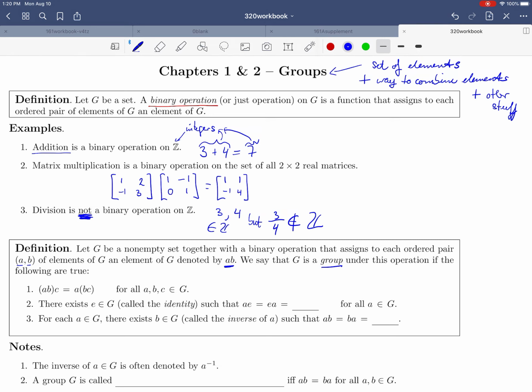And the first that has to be true is that if you combine A and B and then take the outcome and combine it with C, so that's what's happening on the left here, it is the same as if you first had combined B and C and then taken the outcome of that and combined it with A. So this actually has a name. This is the associative property.